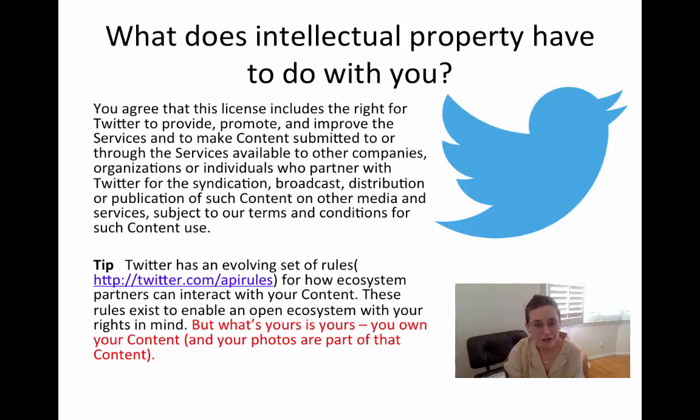So here we have two very different user agreements, both in terms of what rights you as a user are granting the site, but also very different in the way they are written, right? The Twitter agreement is a bit more simple, a bit more accessible, whereas the Turnitin agreement requires a bit more expertise to understand and make a decision about.